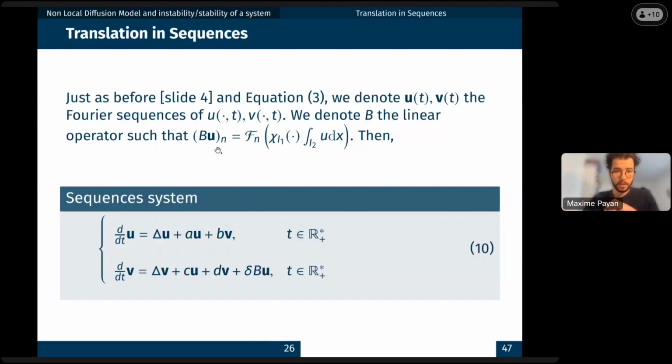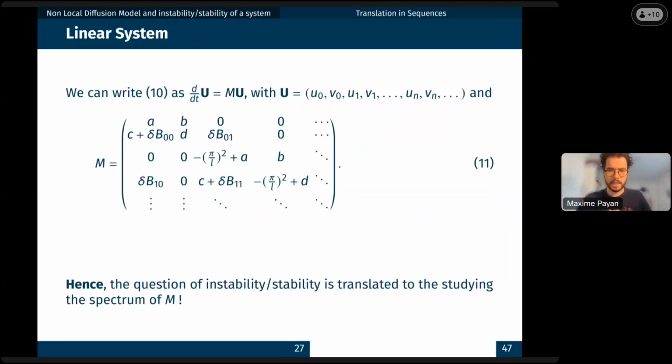And B will be the linear operator such that we have exactly the translation from the spatial to the Fourier. And this is completely linear, so that is very good for us. It will be simpler, with no nonlinearities and error bounds to manage, etc.